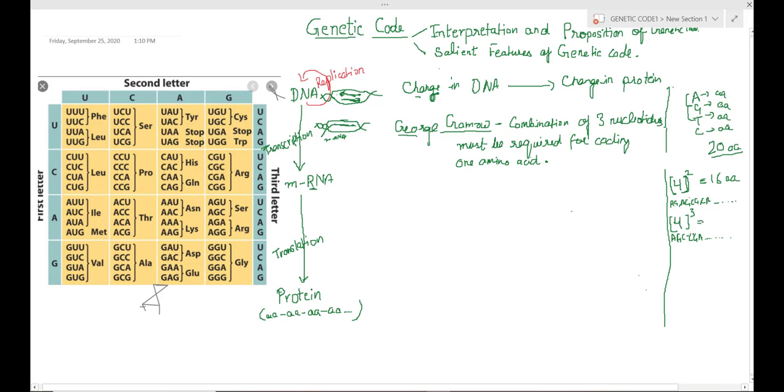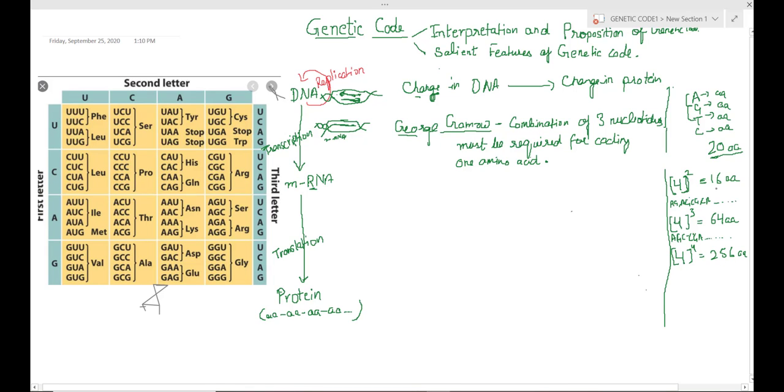So there can be a possibility of 64 codons, and they can code for 64 amino acids, while the number of amino acids is 20. If we take a combination of 4, that will code for 256 combinations.